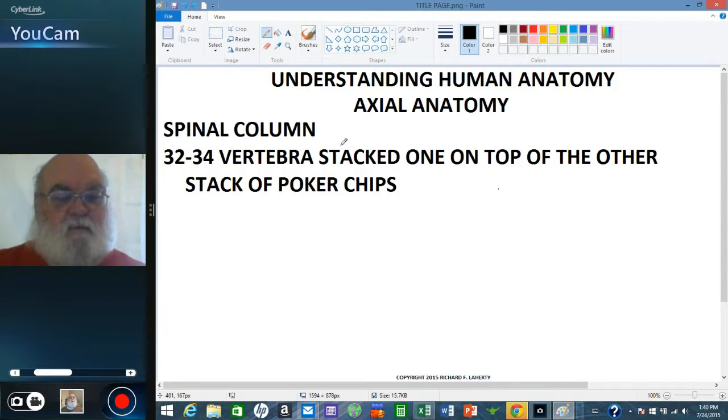So the basic structure of the vertebral column would consist of a number of structures that are stacked on top of one another, like so.